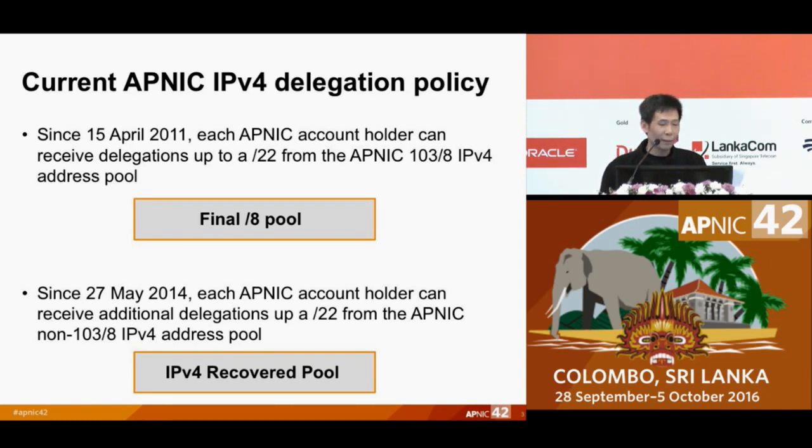Later, there are some historical IPv4 addresses returned to IANA. According to the global policy, IANA will equally distribute those IPv4 addresses to each IR. APNIC also has some IPv4 addresses returned by members due to membership closure.